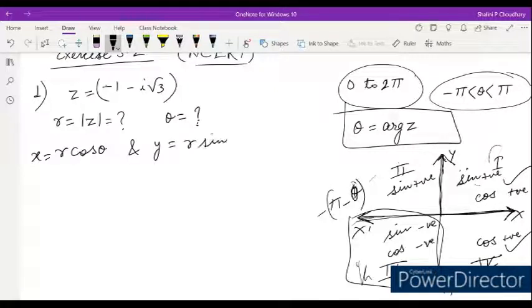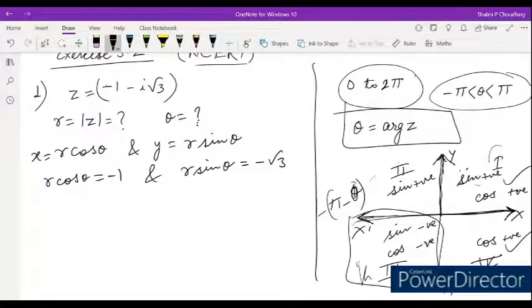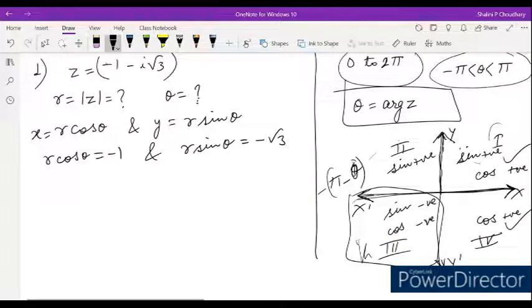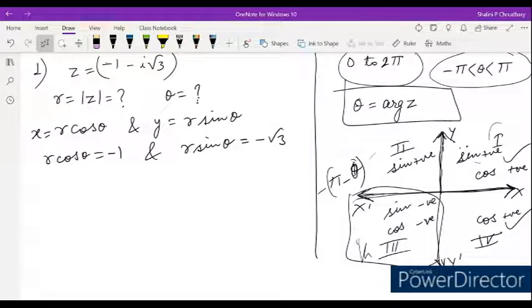This we know. So here, what is the value of x? -1. It means r cos theta will be equal to -1 and r sin theta will be equal to -√3. Now we'll write the value of z. The value of z will be z is equal to r cos theta plus i r sin theta, right?